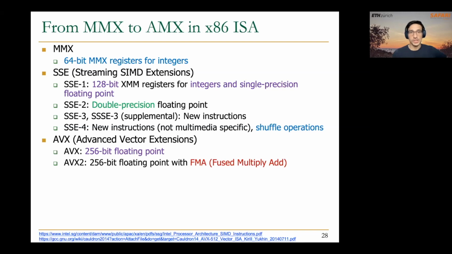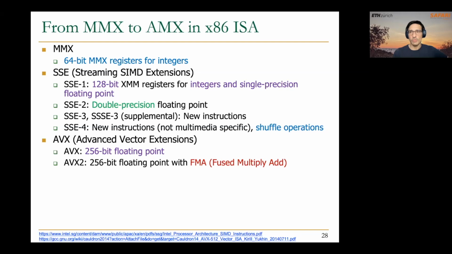After the SSE generation, the advanced vector extensions extended the size of the registers to 256 bits, also on floating point, and AVX2 added floating point fused multiply add. It's an operation that executes a multiplication and an addition in a single cycle.